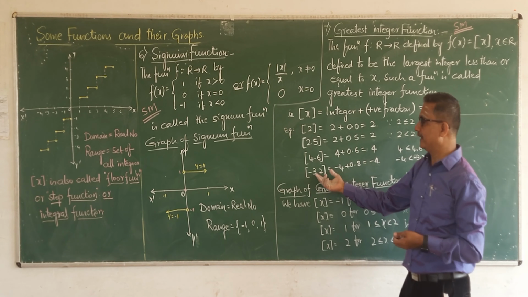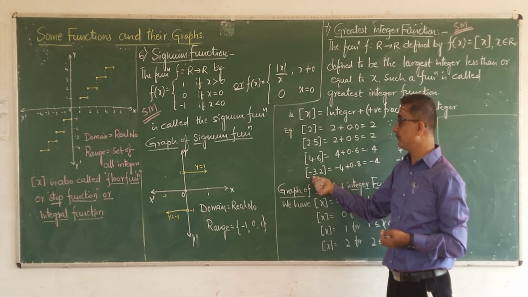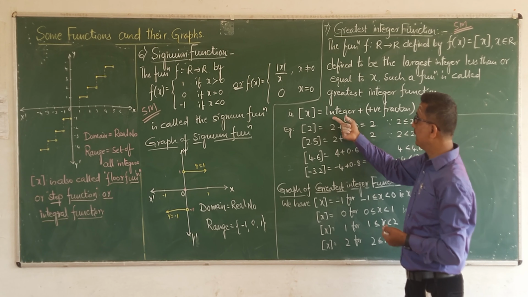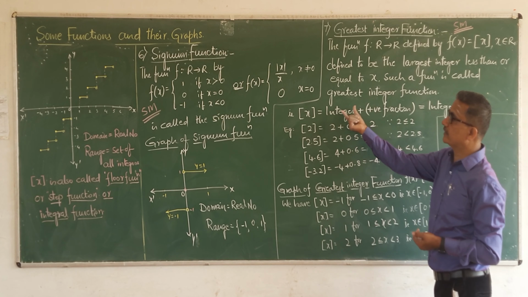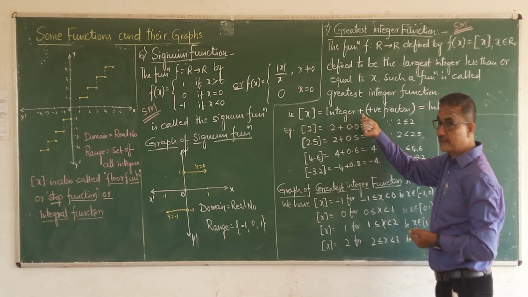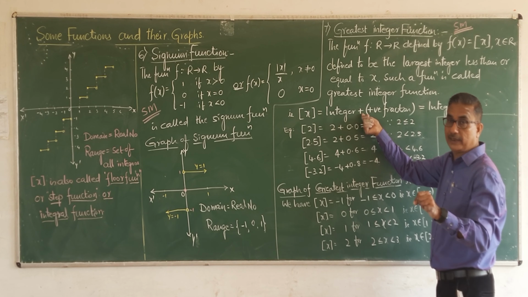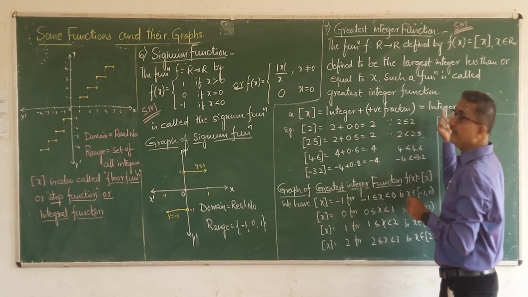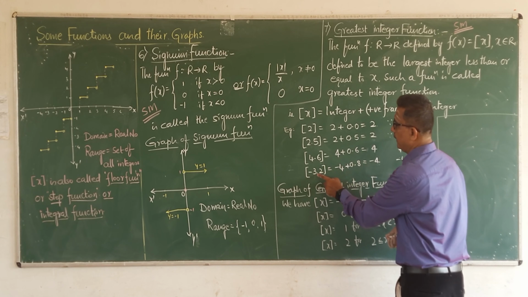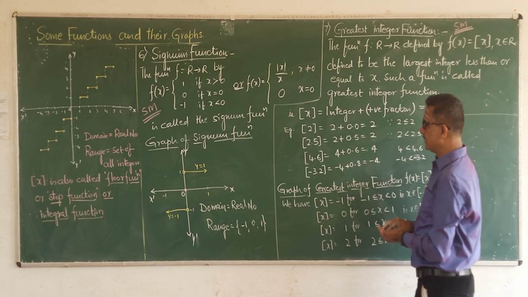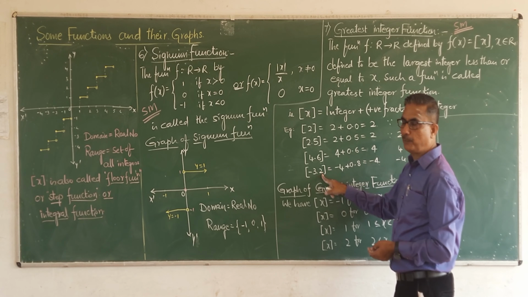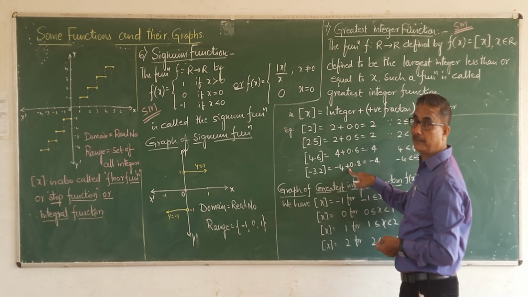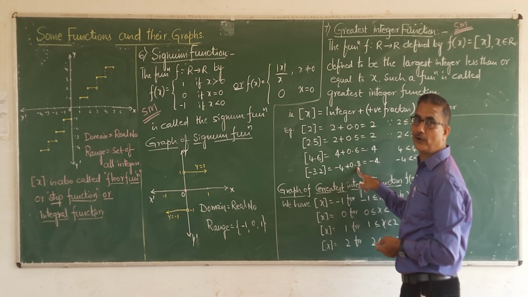Okay. Take another example. What is greatest integer function of -3.2? Look, in this form: first term integer, next plus sign, then positive fraction, then integer. So how to write? -3.2 can be written as -4 plus 0.8.